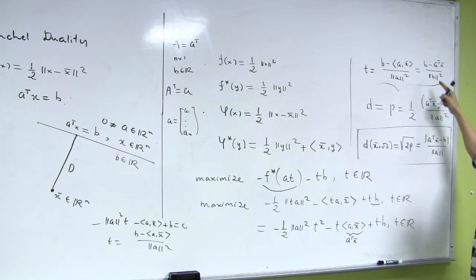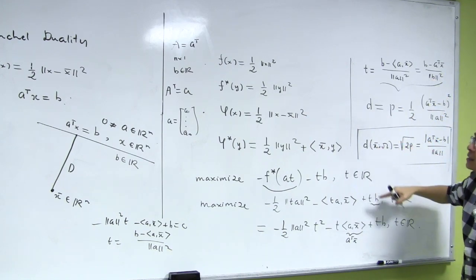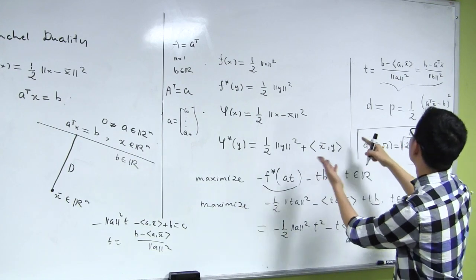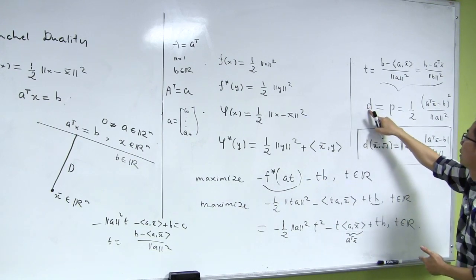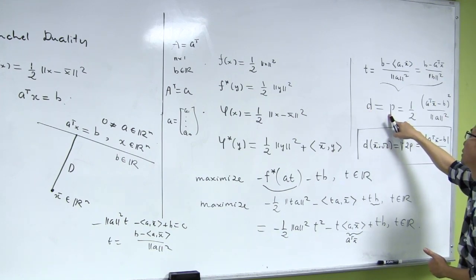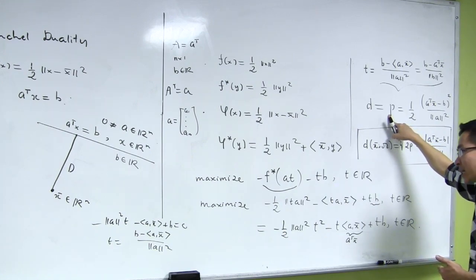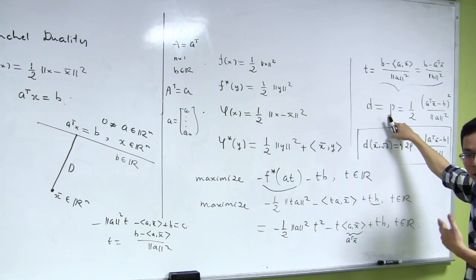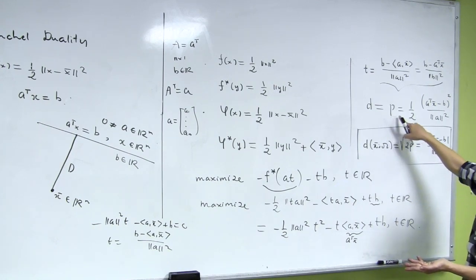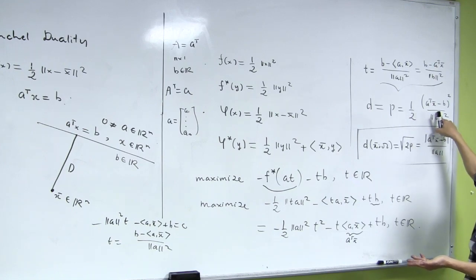Okay, and now we plug back into the objective function. We're going to see that the optimal value of the dual problem is equal to the optimal value of the primal problem in this case, because you can check that the condition for strong duality holds. Okay, and you plug in and you get this one.